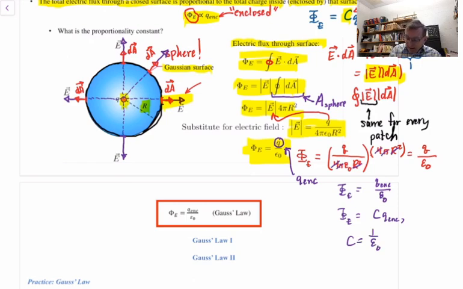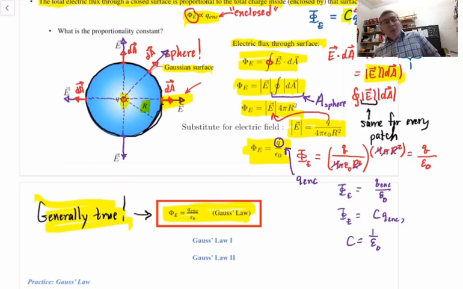And so we get Gauss's law, valid in general, okay? Not just limited to a point particle at the center of a spherical surface, but absolutely general in electrostatics. Again, I'm just asking you to accept that fact, that it's generally true.